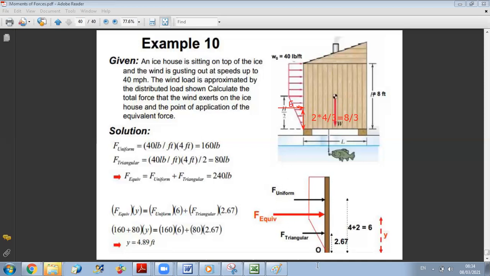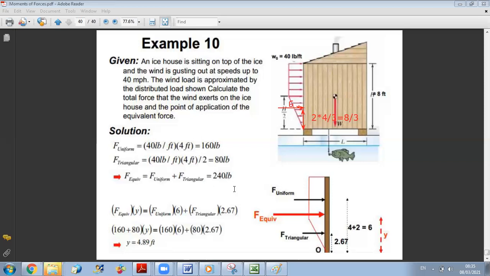Once I have this figure, all I have to do is calculate the equivalent force of these two, which is equal to their summation, because they are in the same direction, same sense. So F equivalent will be equal to F uniform plus F triangular: 160 plus 80 equals 240.